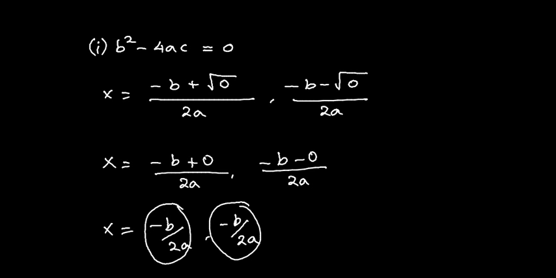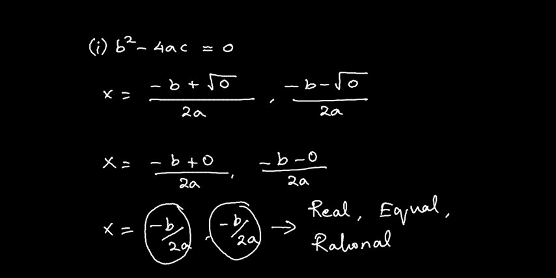But we don't have square root, so we don't need to worry about whether it is irrational. So definitely the two roots are rational. So in this result we can say the roots are real, equal and rational.